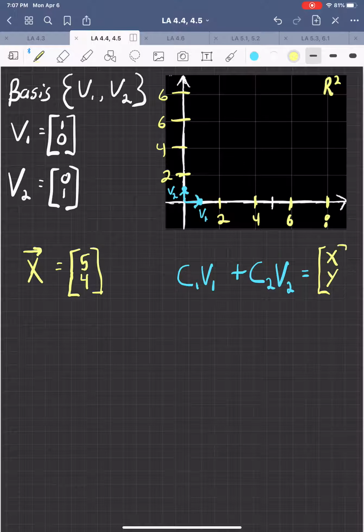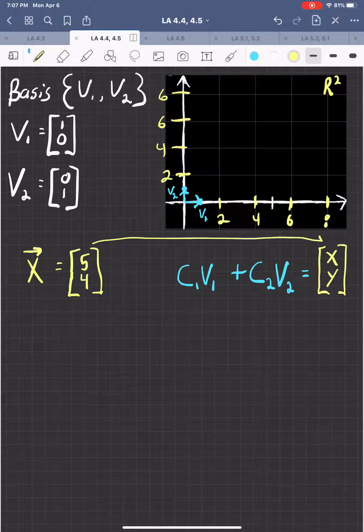Instead of x sub 1, x sub 2, I'm going to use regular x, y. It would mean that we can reach any point just from those two vectors. Ready? So now the point that we are considering is the point (5, 4).